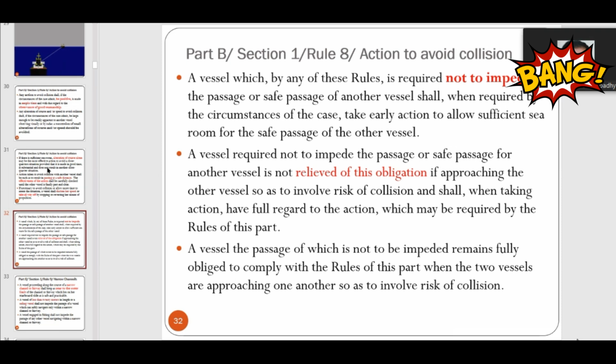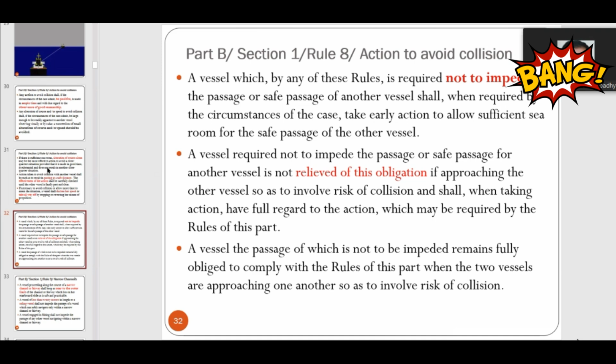She will take early action whenever she determines the risk of collision exists. That fellow has to take action but cannot, and so this fellow has to take action. She will take that action much earlier, so that sufficient sea room is allowed and it is not going to impede the safe passage of the other vessel.